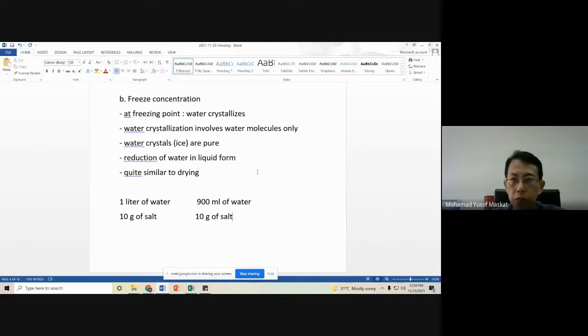But certain compounds are very heat sensitive, so we cannot supply heat to evaporate away the water. So what we do is to use freeze concentration, where we discard the water, not by supplying heat, but by reducing the temperature, allowing the water to form ice, and then discarding the ice.